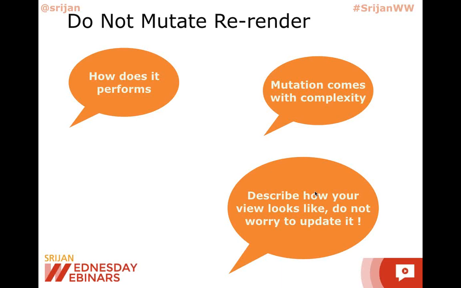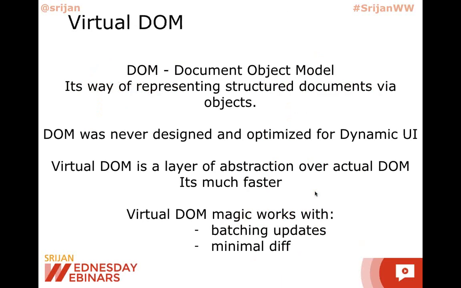Then React is going to calculate the virtual DOM state at that point in time. Then React is going to diff it with the previous state of the virtual DOM, and from those diffs, it will update your actual DOM in a very, very optimized way.